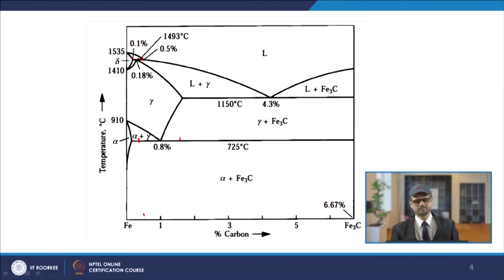So it will be 0.8 minus 0.2 divided by 0.8 minus this point.